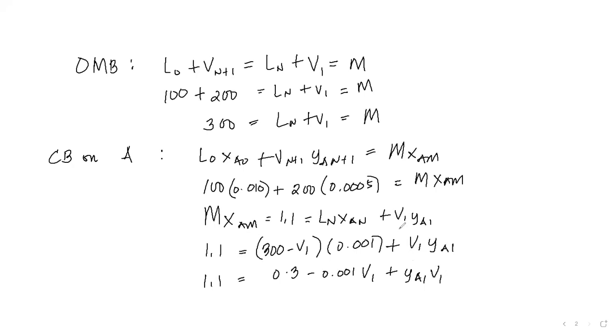Now, I really intended to present it in this manner. That way, you will know what an alternative route in the solution will work for. So this is already our equation, knowing that if you do component balance, you will remain with two unknowns, V1 and YA1.